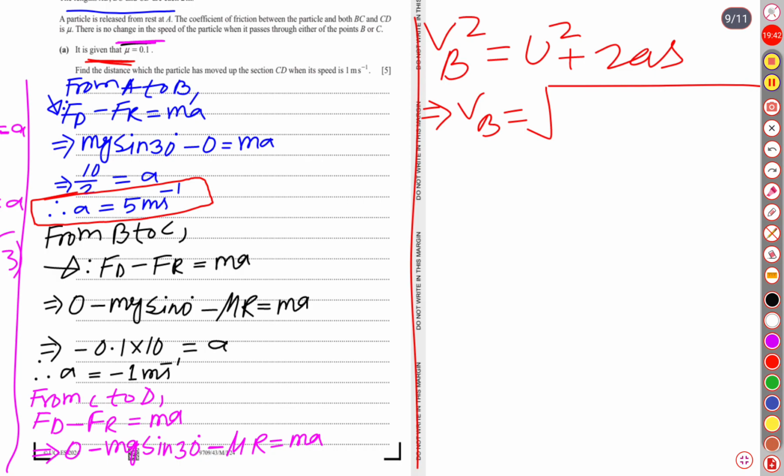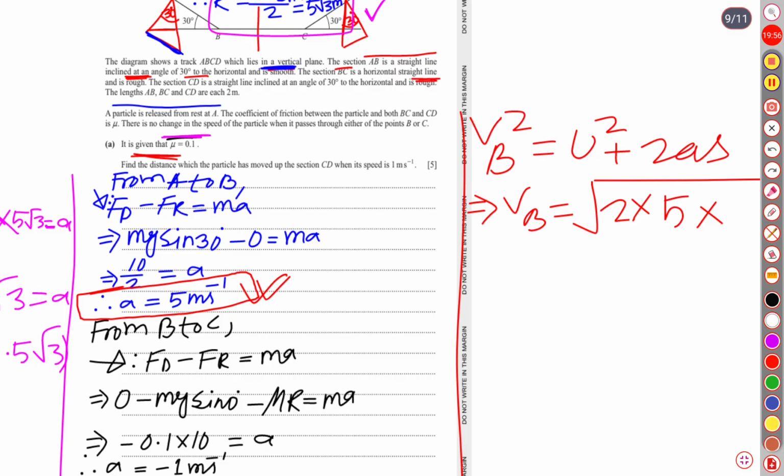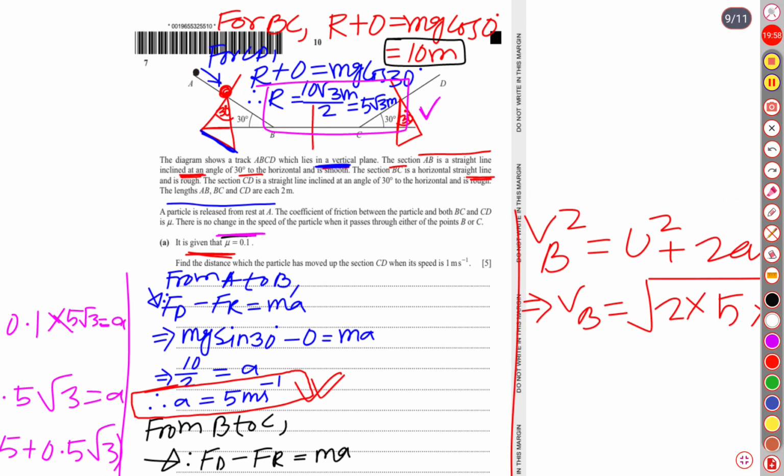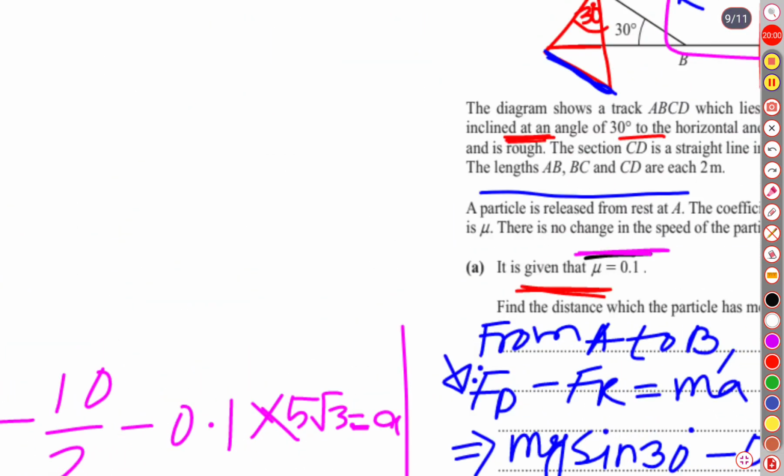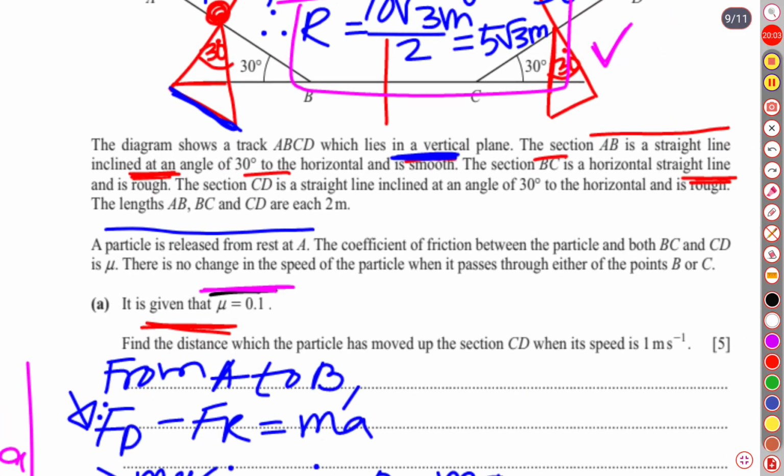Initial velocity was 0 because the particle was released from rest, so 0 plus 2. Let us see, acceleration at B was what, 5. So 2 into acceleration 5, and displacement, let us see the displacement or distance or length of each of the part.